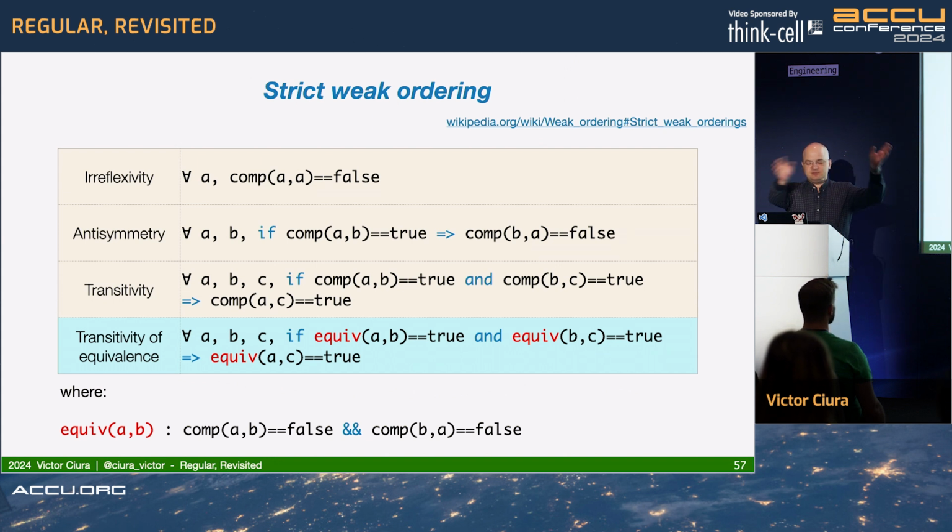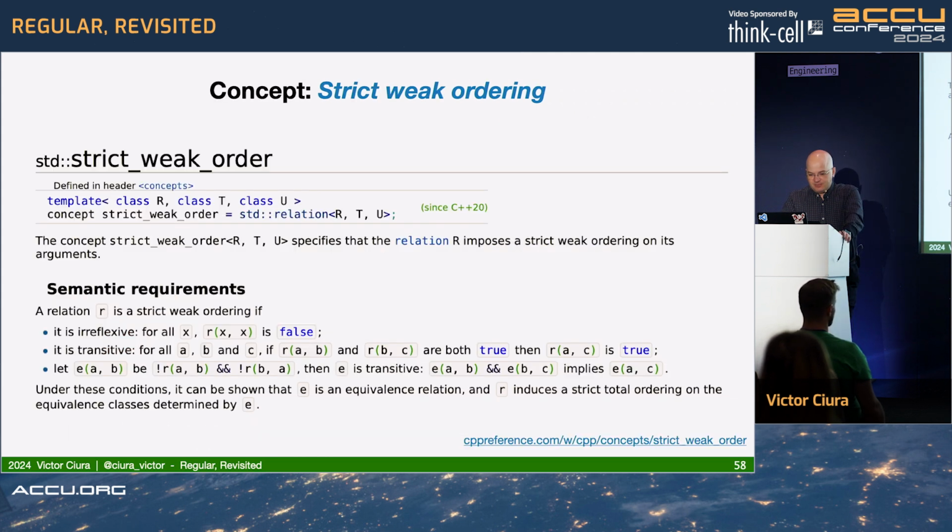So again, throwing some math at you, just the names should be familiar from middle school mathematics. So irreflexivity, antisymmetry, transitivity, and this thing that was missing, equivalence.